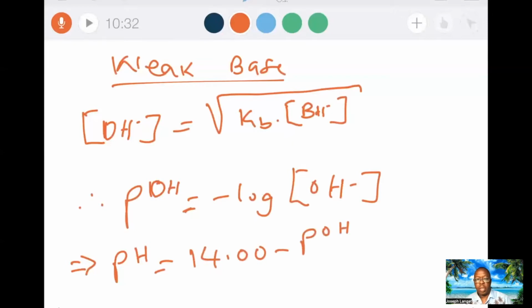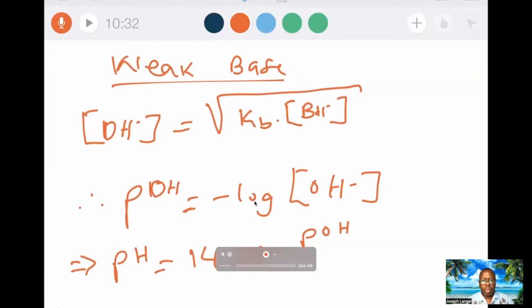So the point here is, if you are dealing with a weak base, which we will have to do in this lab, look at the relationship between pH and pOH. It turns out that pH plus pOH equals 14.